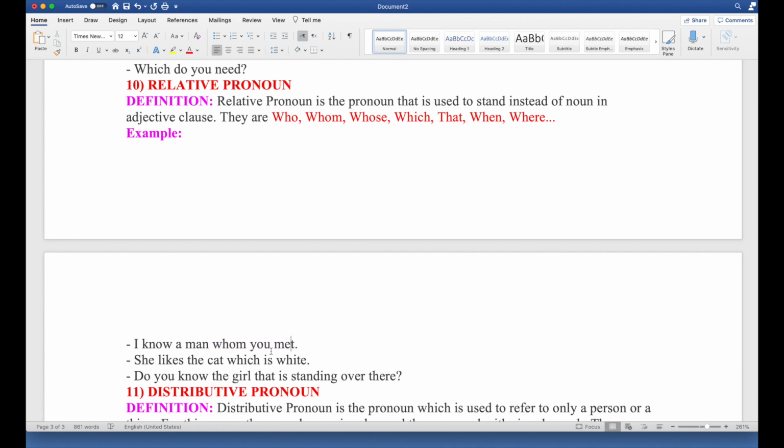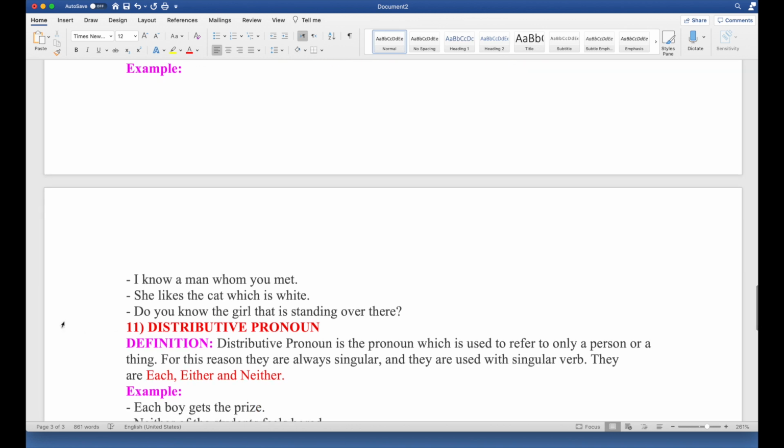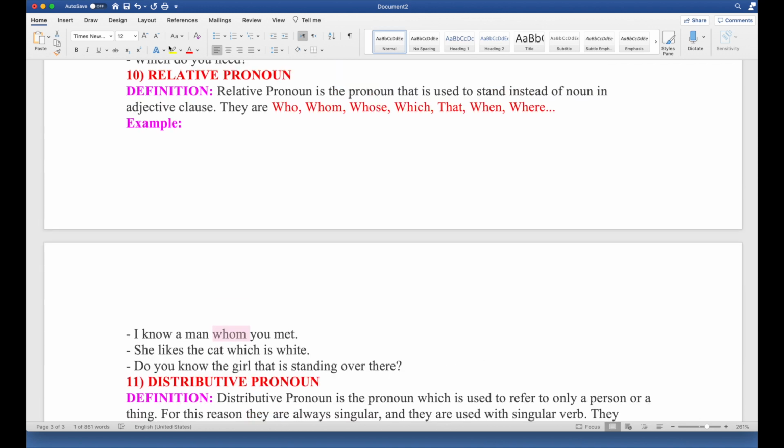So in whom you met, whom is used to replace a noun that would go there. She likes the cat, which is white. Do you know the girl that is standing over there? So here, instead of putting a noun, we are replacing it with one of these relative pronouns.